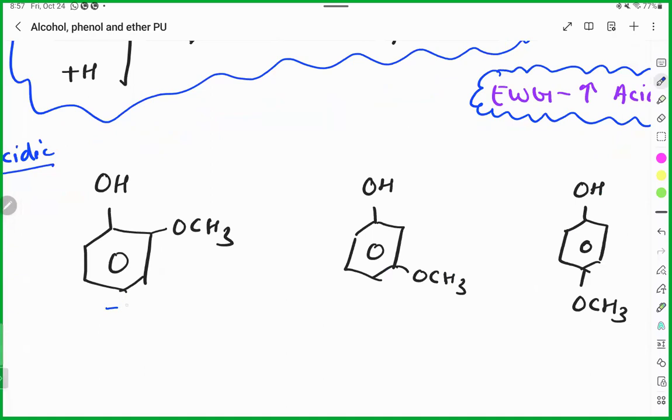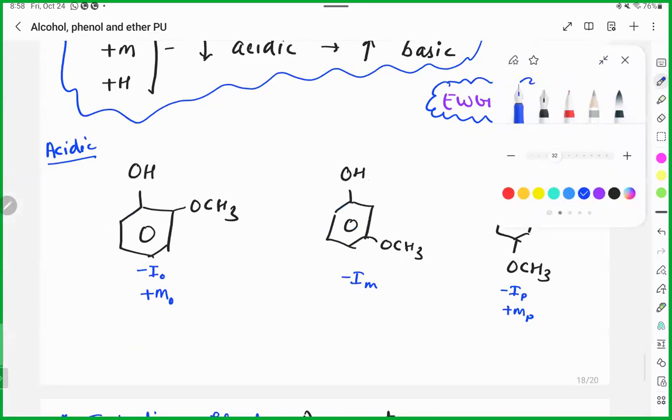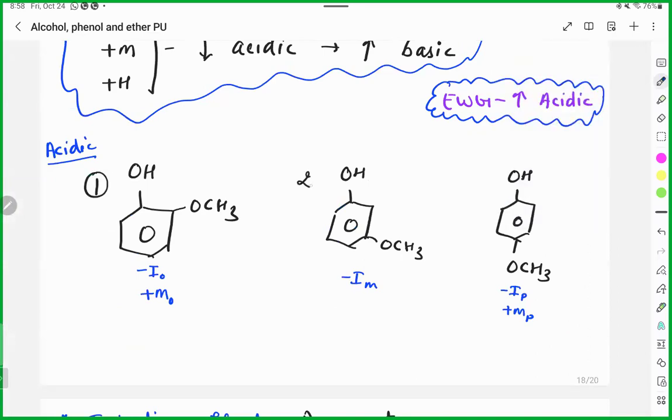So here you have minus I effect and plus M. Here only minus I, and here both minus I and plus M. Minus I is strongest at ortho position and minimum at para position. Resonance effect at ortho and para is exactly the same. So yes, this answer is correct. This is first, second, and third.